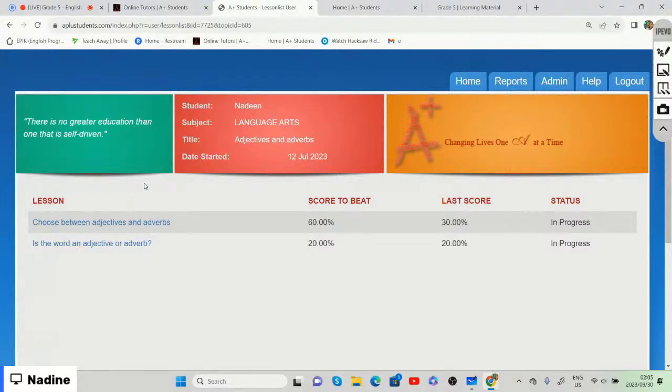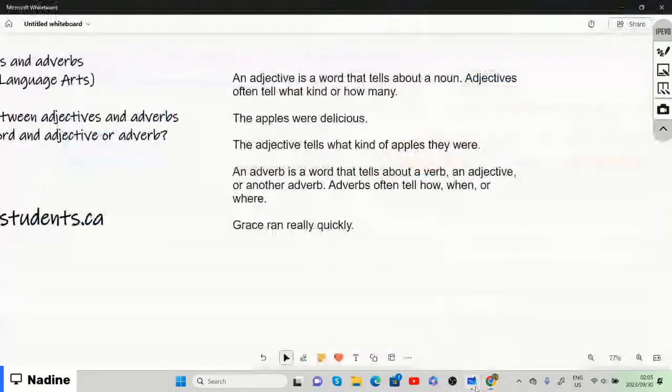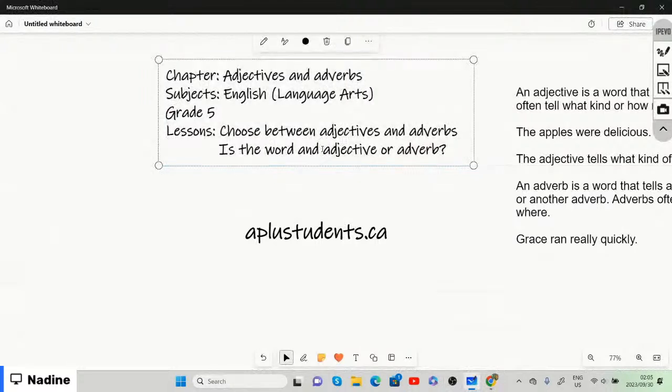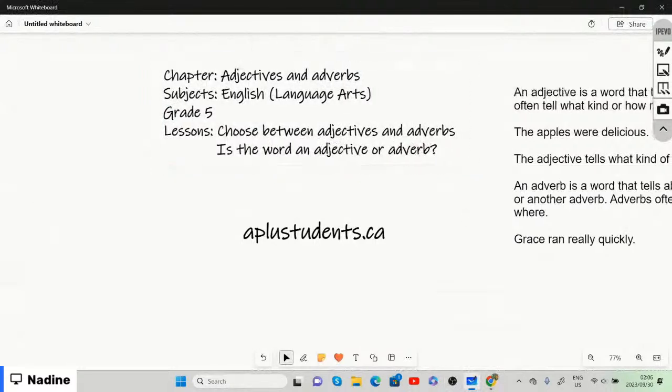Under the chapter of adjectives and adverbs, we are going to be focusing on the lesson Choose Between Adjectives and Adverbs, and the last lesson, Is the Word an Adjective or Adverb. So that is going to be our lessons for today, and we are doing them on a+students.ca.